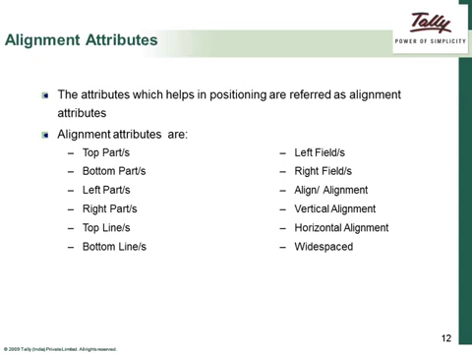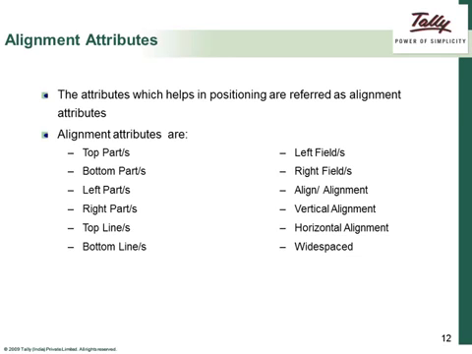Then we have the alignment attributes that move the entire attribute definitions to their positions. By default, all the parts are from the top left corner. You can align them to be the bottom, the left part, or the right part.